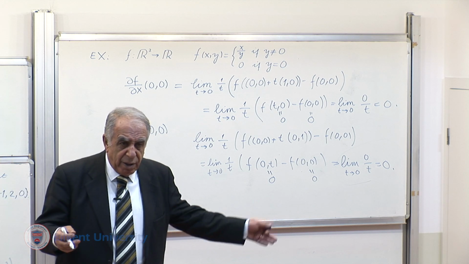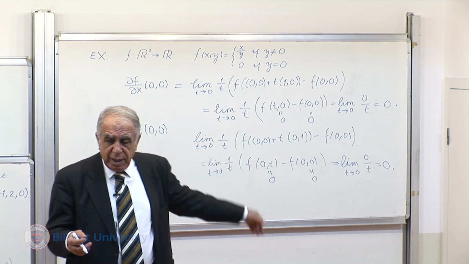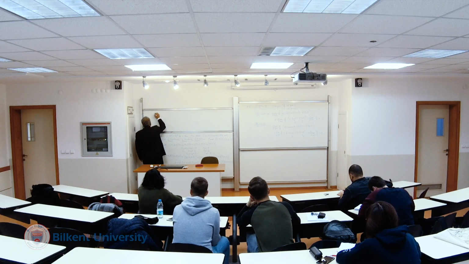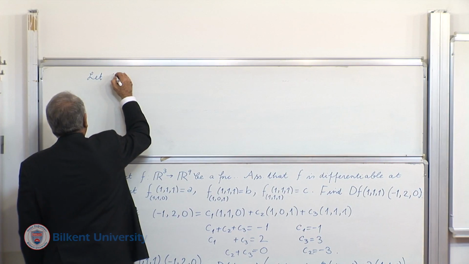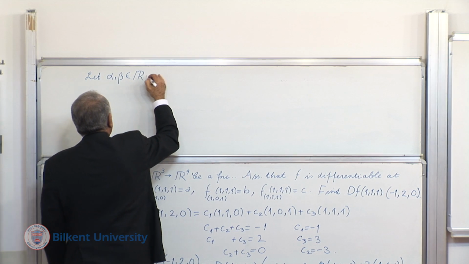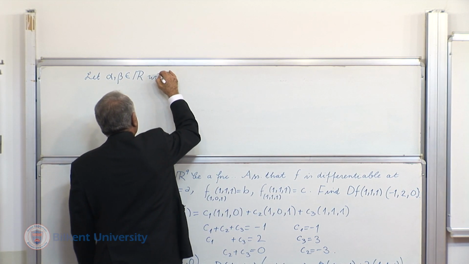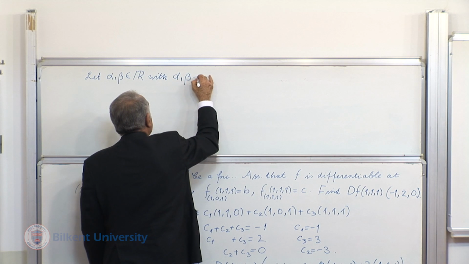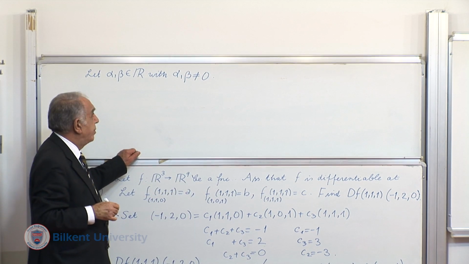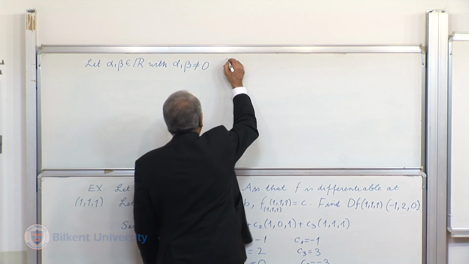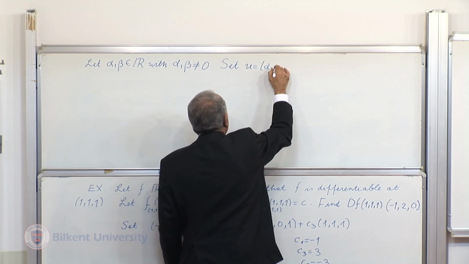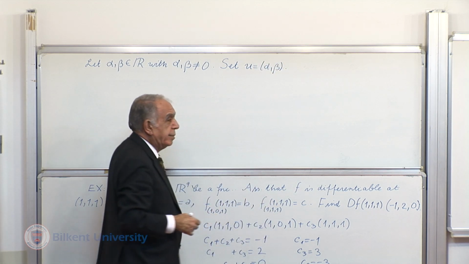If one of them is 0, then it will be a multiple of these and will have the same result. Now, let alpha, beta be in R with alpha and beta both different than 0. Set u equal to alpha, beta.